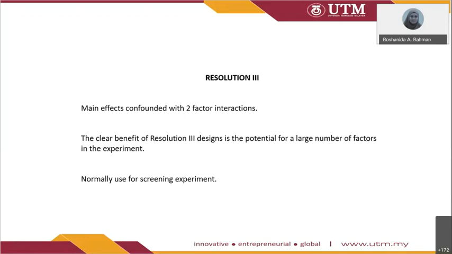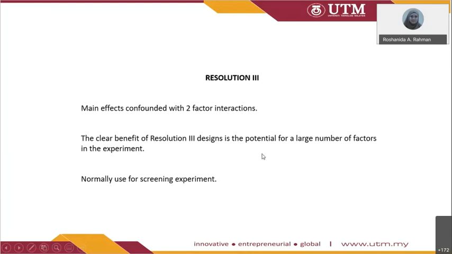Even though during your experiment you choose 2 power of 4, which is 16 runs, instead of full factorial design 2 power of 5, which is 32 runs, you cut half of your experimental trials, but you can still observe and see the behavior of the factors, which is the main effects confounded with two-factor interactions, at least. This is the meaning of resolution 3.